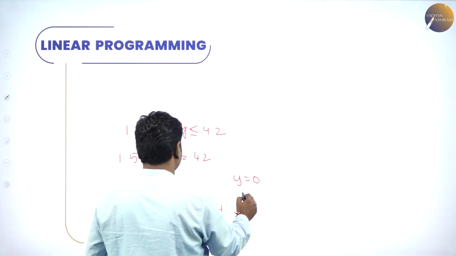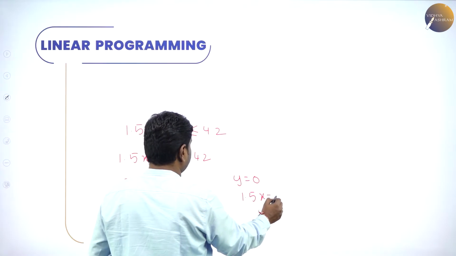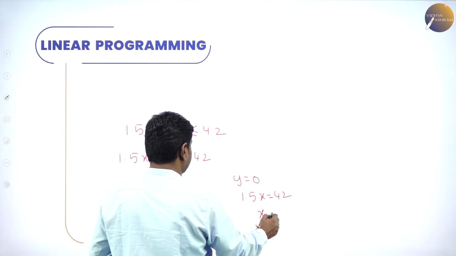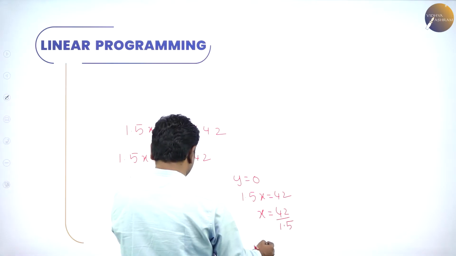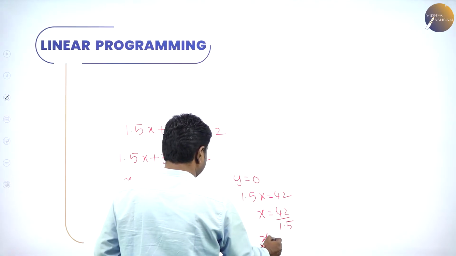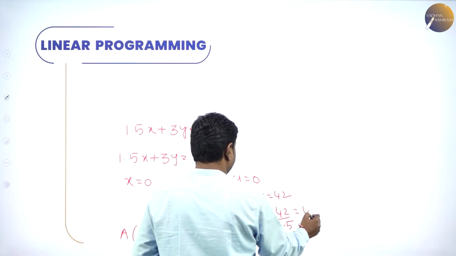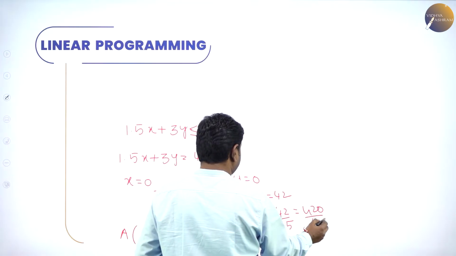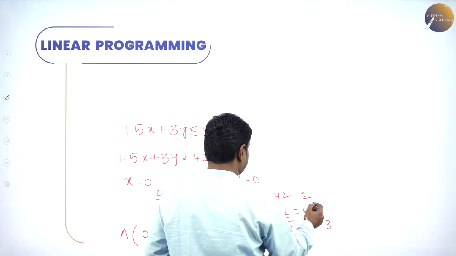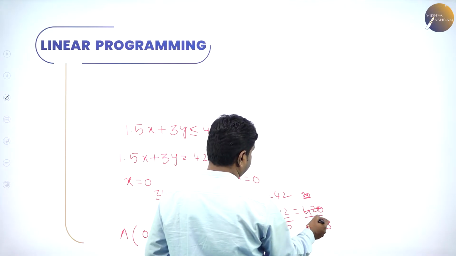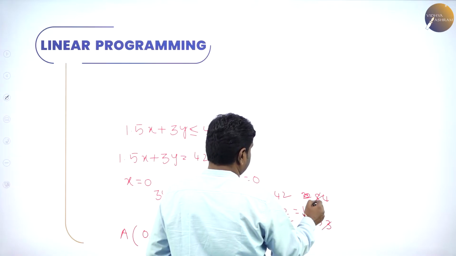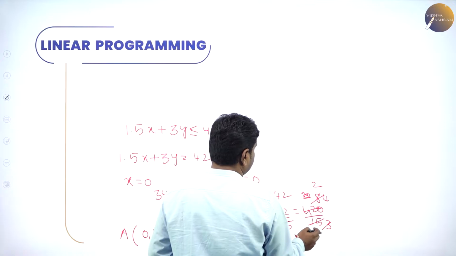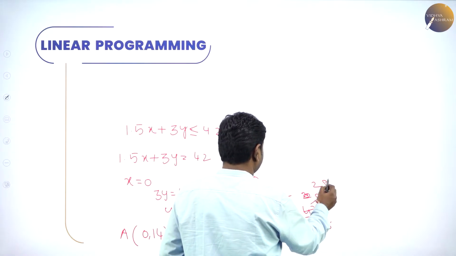Put y as 0. You'll get 1.5x equal to 42, and solving it you'll get x as 42 divided by 1.5. Simplifying this further, you'll get 420 divided by 15, or you can leave it in fraction. 15 times 28 is 420.